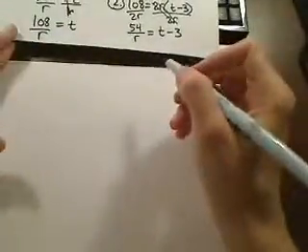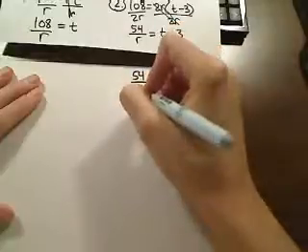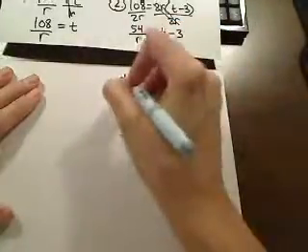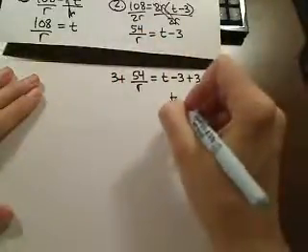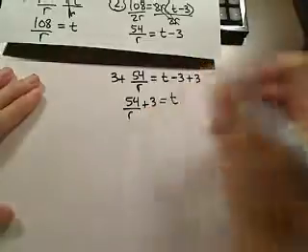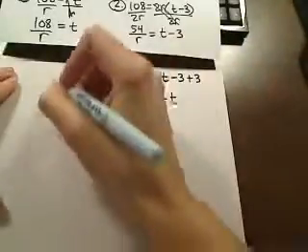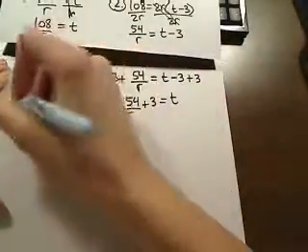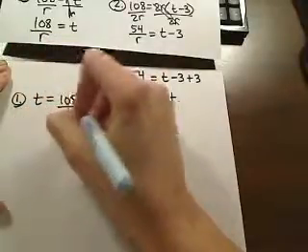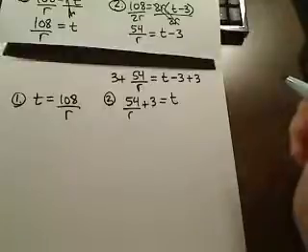So I'm going to add 3 to both sides so that I get t by itself. So we're really looking at 54 over r plus 3. Okay, and this was for the second equation. For the first equation, we found t was equal to 108 over r.